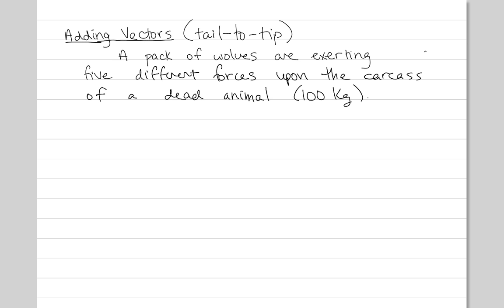So I'm going to draw a top view, as if you were in a helicopter looking down at this situation. So you have the animal, the 100 kilo animal in the middle here, and you've got these 5 wolves pulling with different forces in different directions. So one guy's pulling at 20 newtons at 90 degrees.